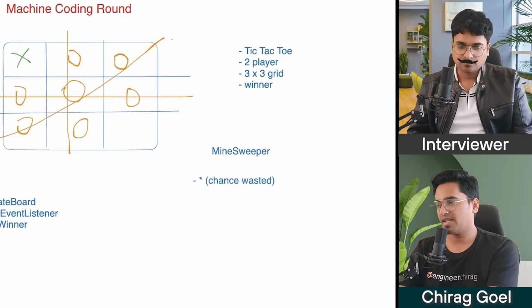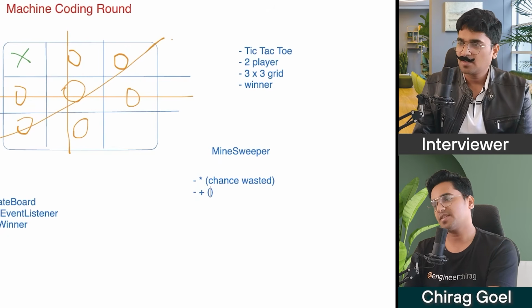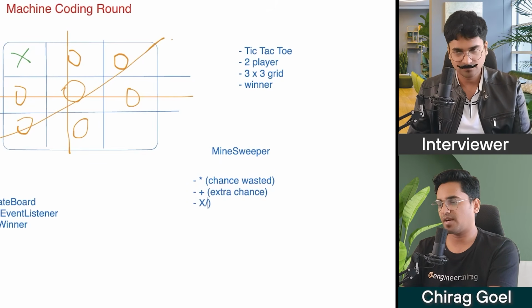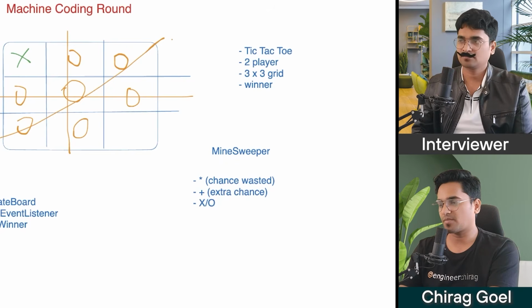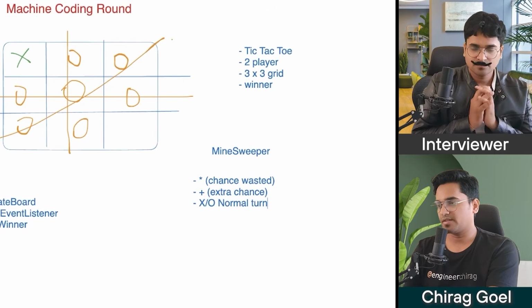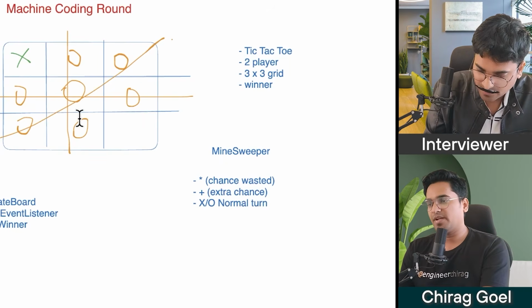And you are saying if a plus got added, then you get an extra chance. And else, if it is X or O under the hood, then it's a normal turn. So this is what we want. Is that the case?